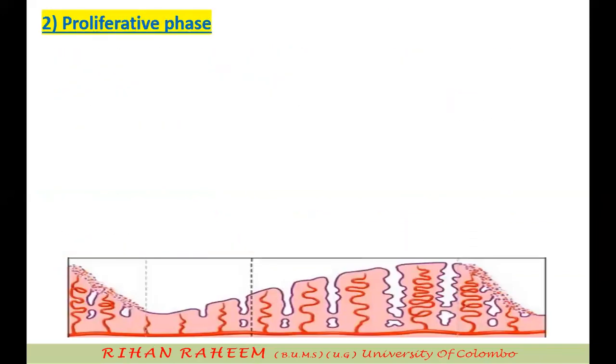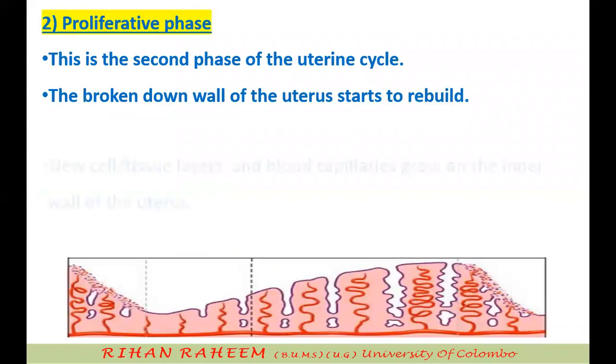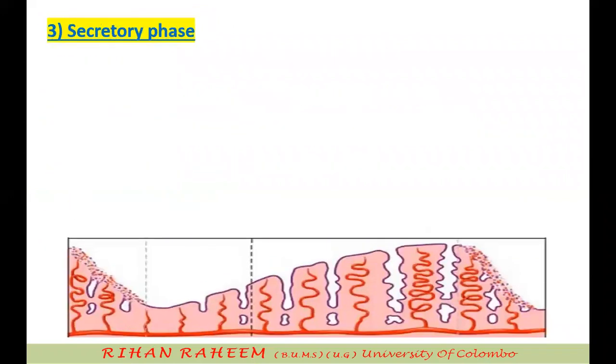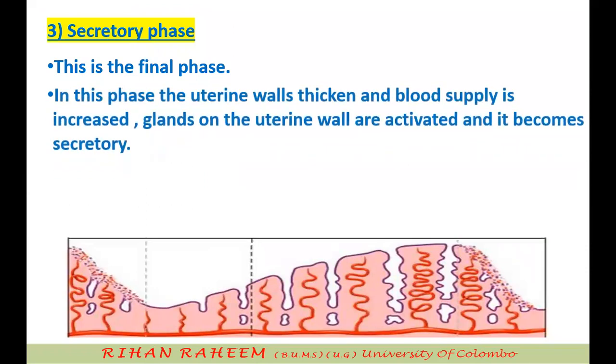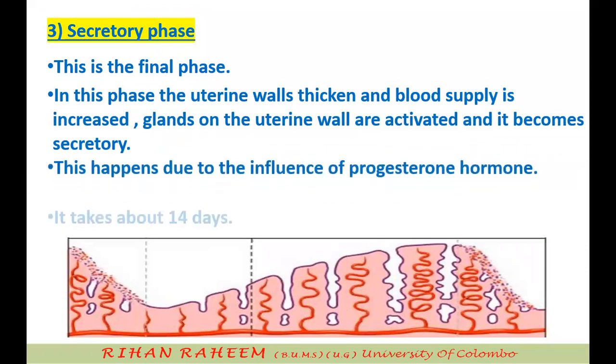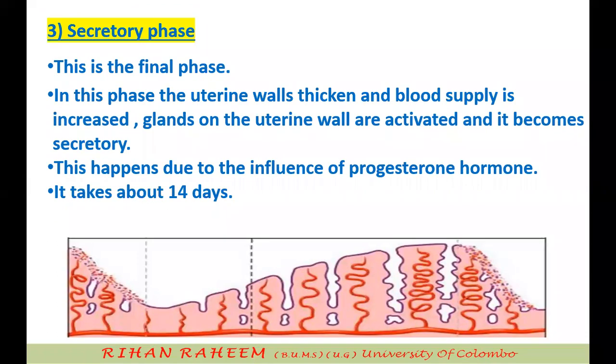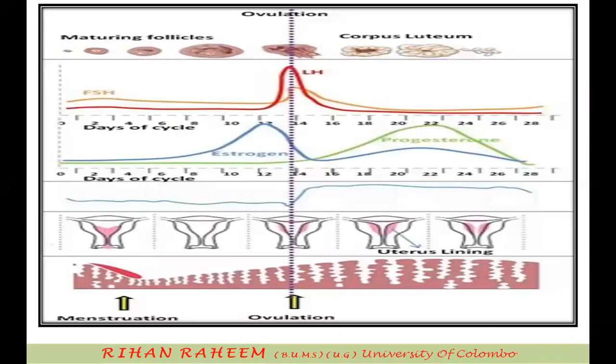Proliferative phase is the building phase, around 10 days. And the secretory phase is the design phase, with more and more secretions, more and more blood vessels. The decorative phase takes 14 days. I hope you all are clear with that. So with that, we have completed the menstrual cycle.